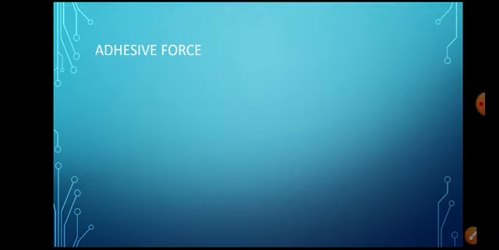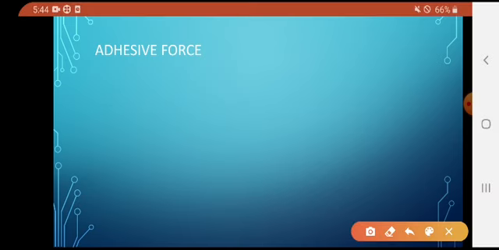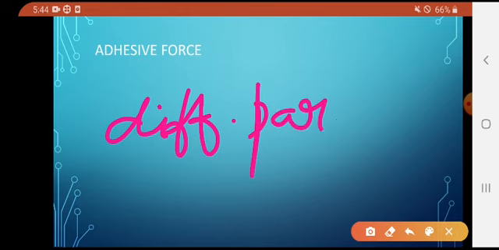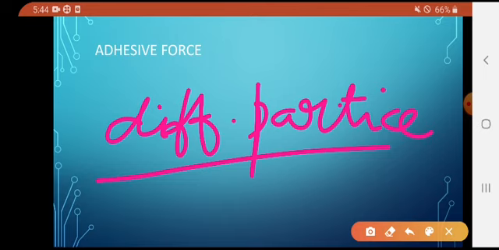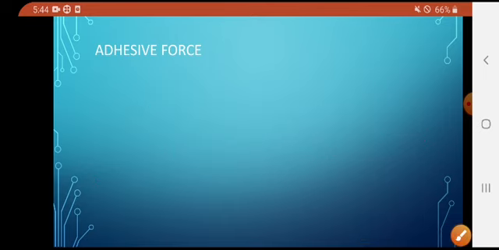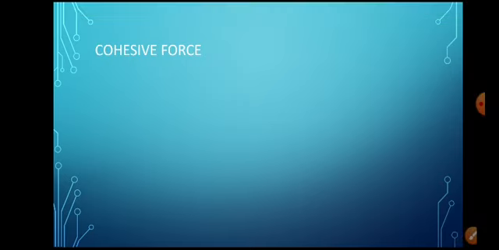And if the force is between different particles, that is called the adhesive force. You can see on a Fevistick, Fevicol, adhesive gum, right? So adhesive force is a force between paper and a different type of particles. For example, observe the forces between water molecule and water molecule, milk molecule and milk molecule, that is the cohesive force.